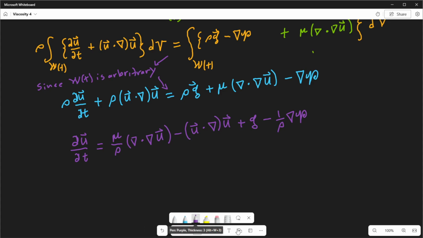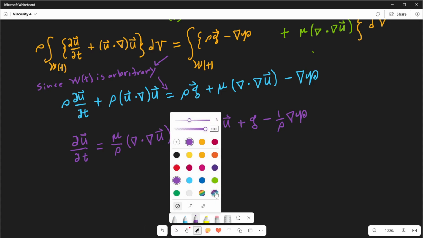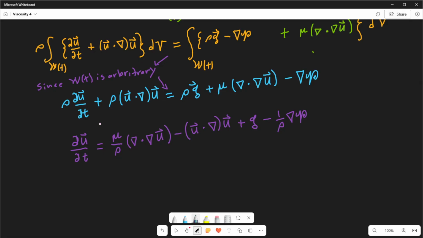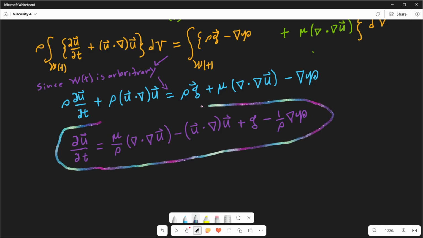I'm just going to write that out, and that finishes the derivation of the Navier Stokes equation. The next discussion will be basically what the physical implications are of this new viscosity term. And circle that, and this is the Navier Stokes equation for incompressible fluid.